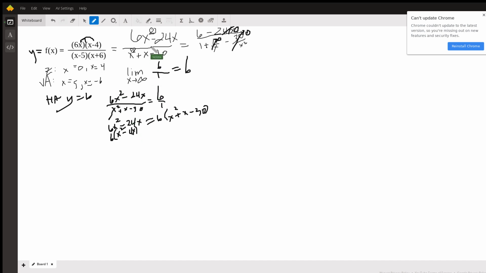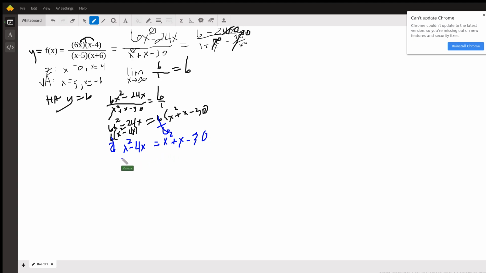And that means our 6's can cancel. If I divide this side by 6 and I divide this side by 6, I now have x squared minus 4x on the left, and that equals x squared plus x minus 30 on the right.